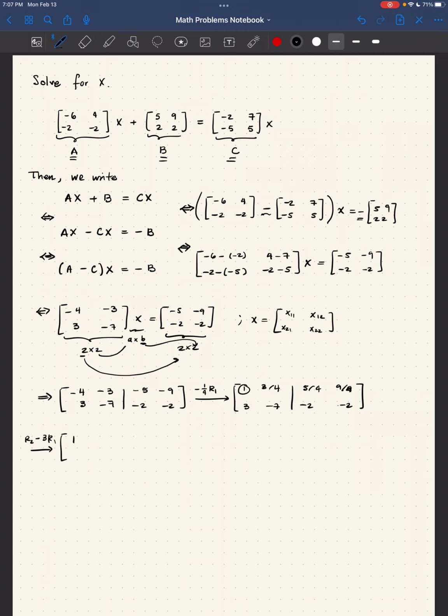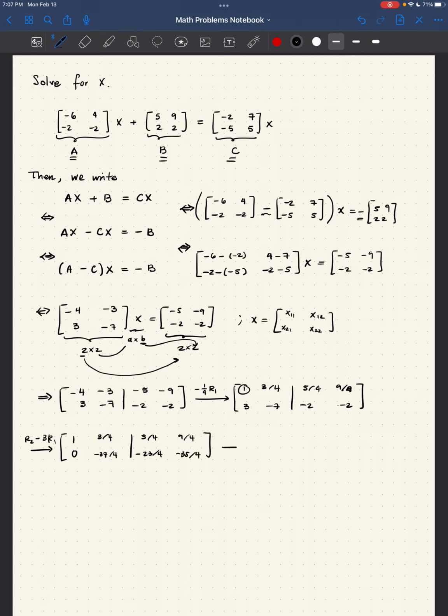And now I have 1, 0 on the first column, followed by 3 quarters, negative 37 quarters on the second, then 5 fourths, 9 fourths, negative 23 over 4, and negative 35 over 4.